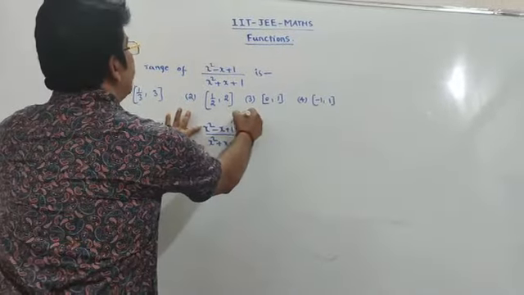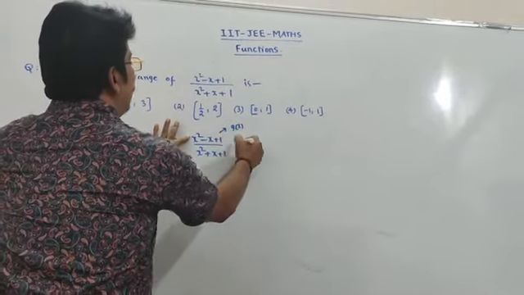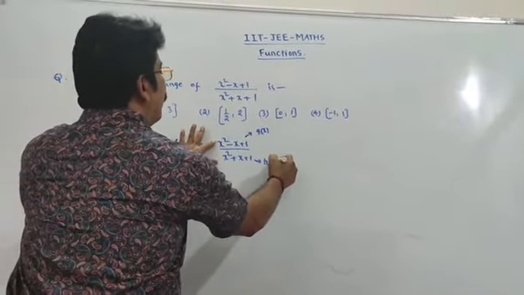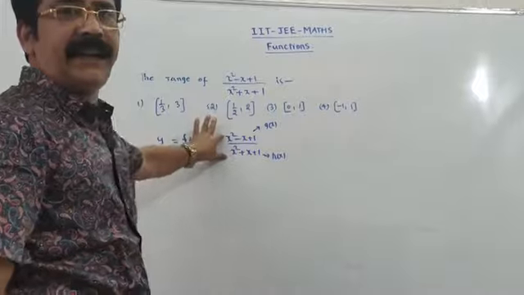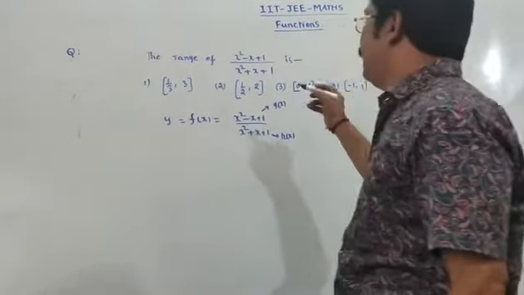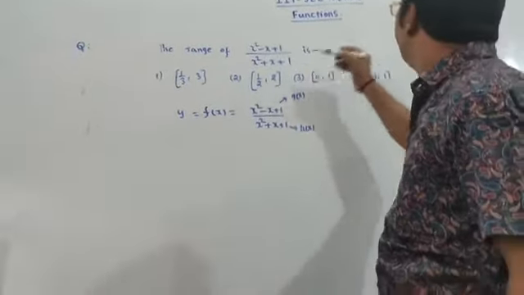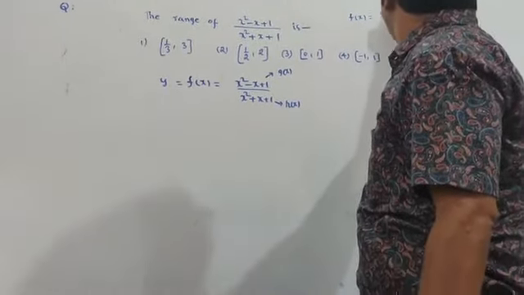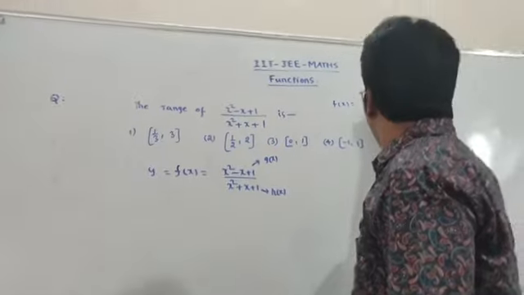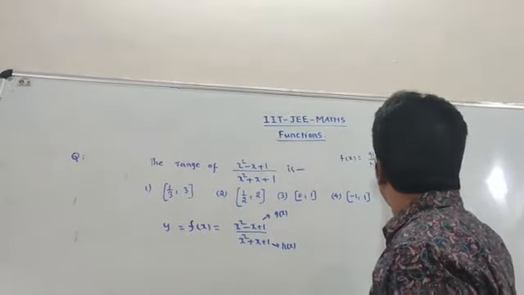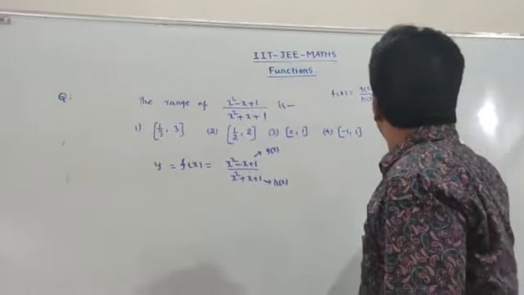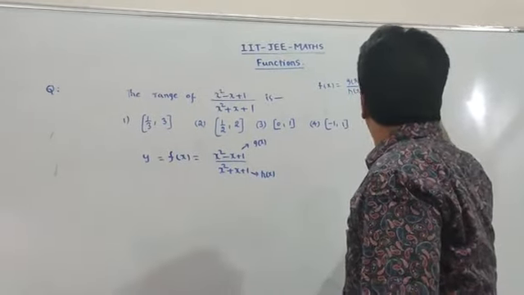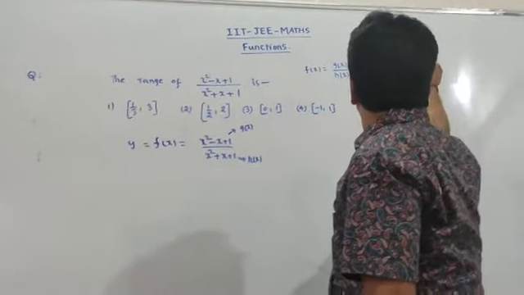Suppose it is g of x and h of x. So we are dealing with a problem of the form f of x is equal to g of x divided by h of x, or simply f of x is a rational function.